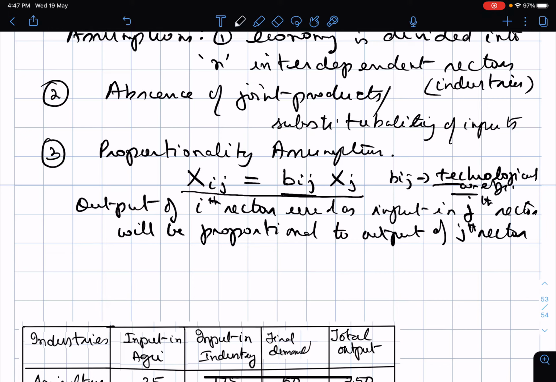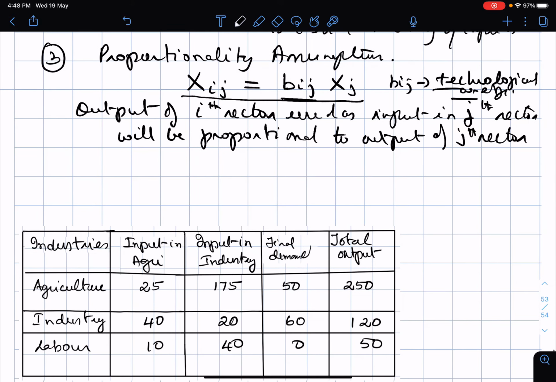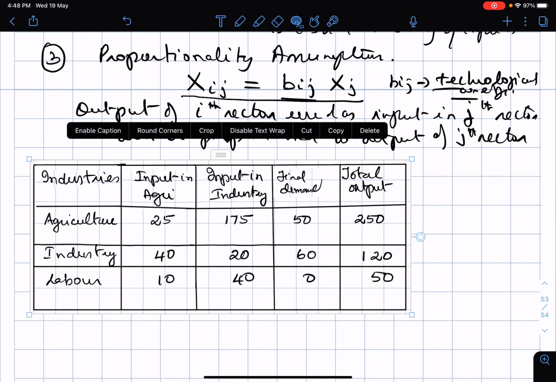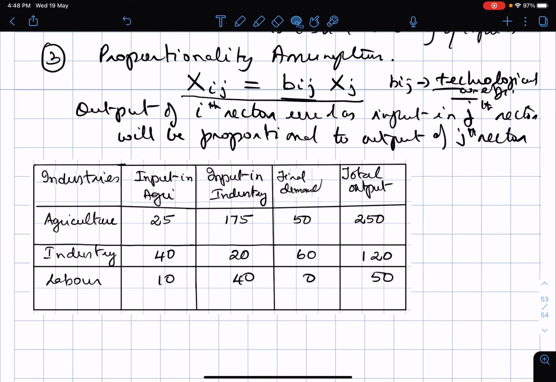Now we are going to go with our example. Here I have a table for you. This is our sector 1, agriculture, and sector 2 is the industry and labor.